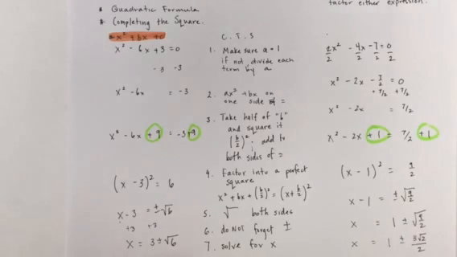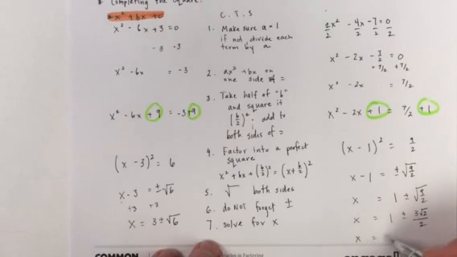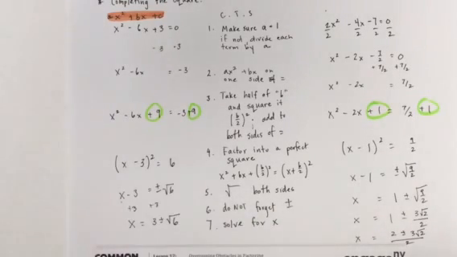And our final answer, if I wanted to get it all on one denominator, there it is. So again, this completes all the steps. This is the best final answer. And you can check it with the quadratic formula.